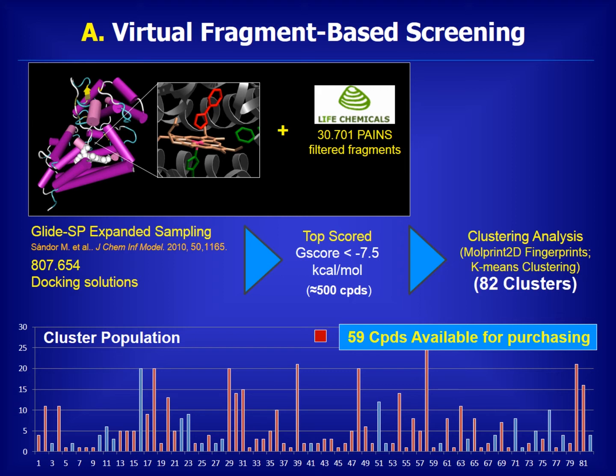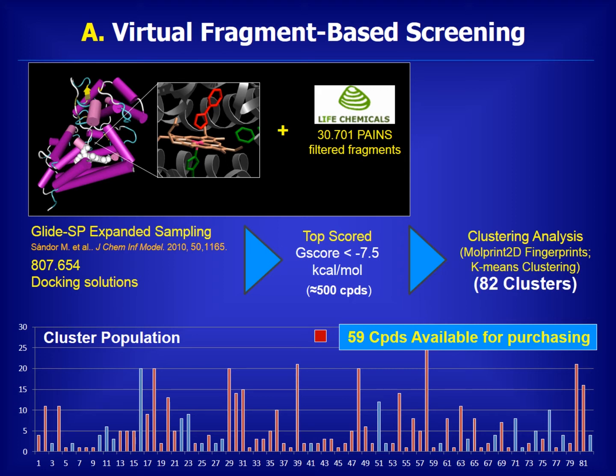We filtered these molecules by PAINS to remove compounds potentially interfering with experimental processes. So we created a focus library of more than 30,000 elements that were processed for docking studies with human IDO1 crystal structure.